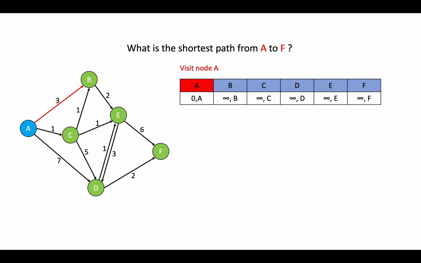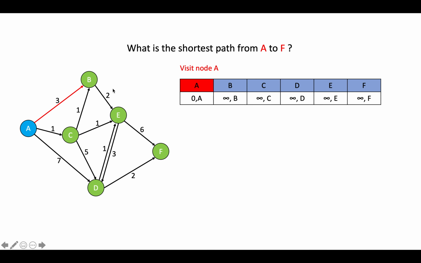Let's first look at node B. For node B, currently we know that the shortest path from node A to node B is infinity. But we can get from node A to node B, because there is an edge, and the length of the edge is 3.